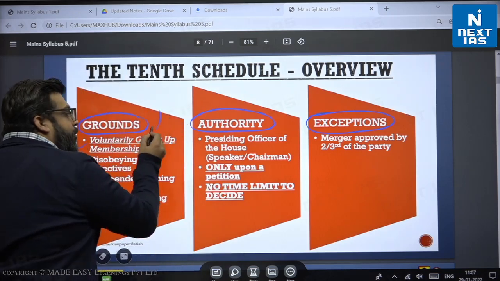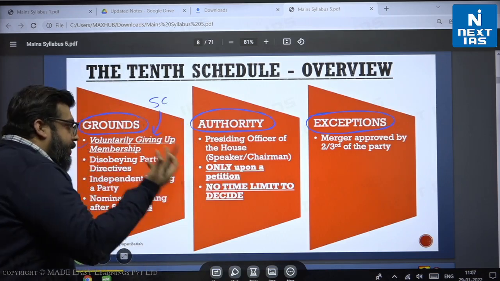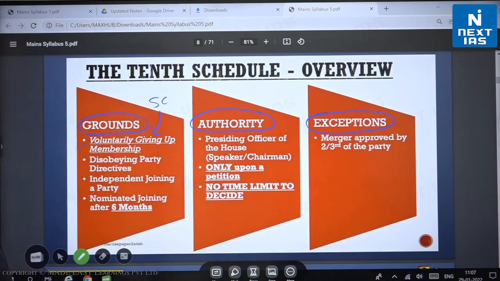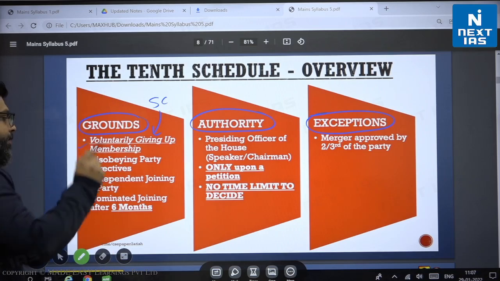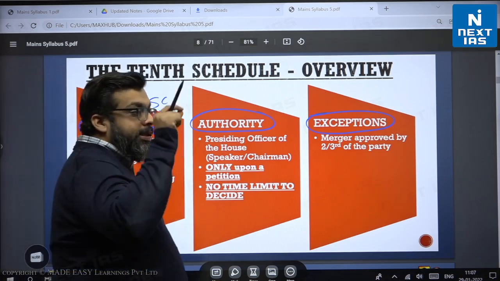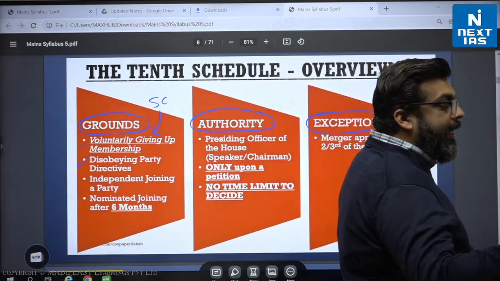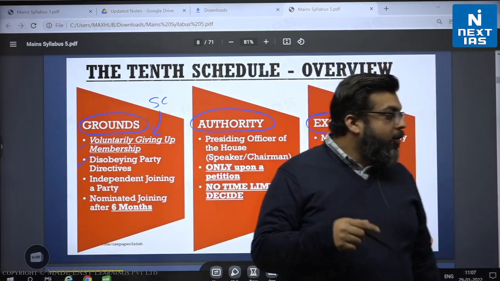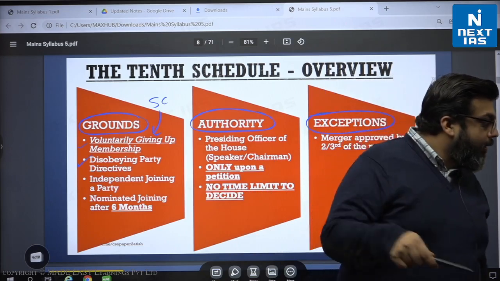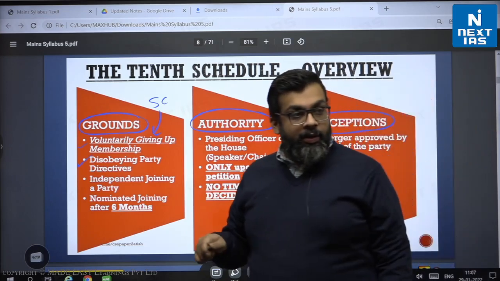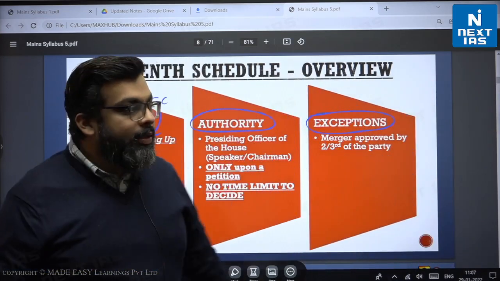नाउ हियर द सुप्रीम कोर्ट विल गिव एन इंटरप्रिटेशन what is meant by voluntary giving up membership of the house. Similarly, disobeying party directives. आपको बोला था yes वोट करने के लिए, आपने no वोट किया. आपको बोला था no वोट करने के लिए, आपने yes वोट किया. आपको बोला था don't vote at all, then आपने जाके तब भी वोट कर दिया.